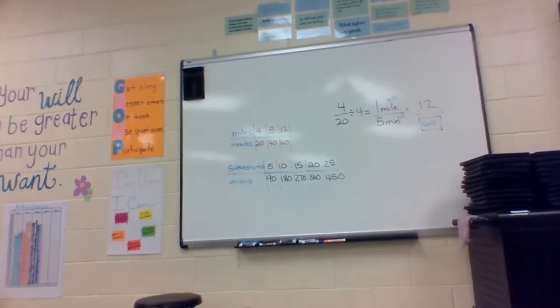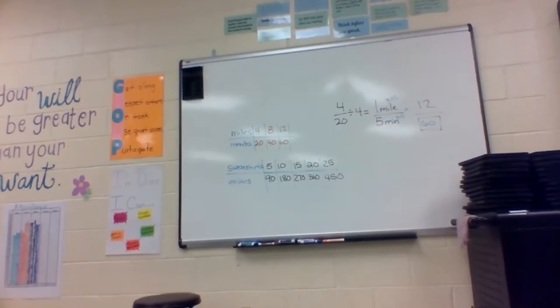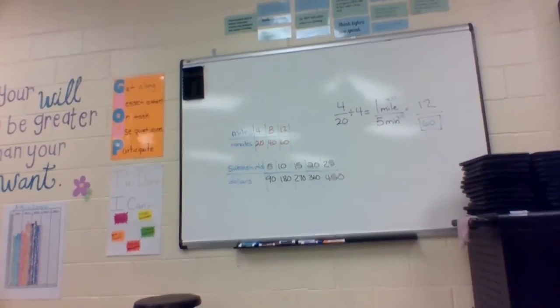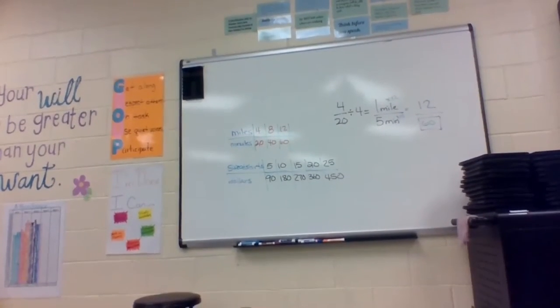It's not gonna be 2 and 4, it's gonna be a 2, but it's not gonna be 4. If one pizza feeds 4 students, 2 pizzas are gonna feed how many? 8 students there, 2 and 8.